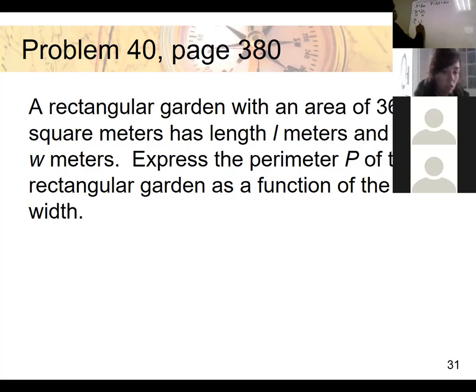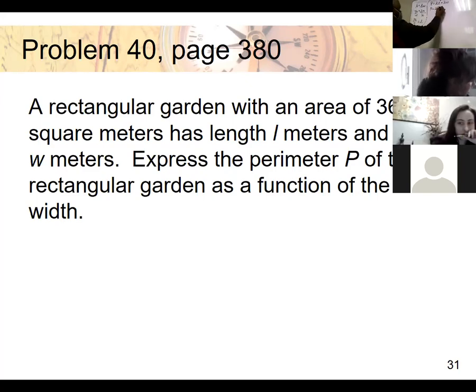And then this will be substituted for L. So this will be 2 times L, which is 36 over W, plus 2W. So P would be equal to, if I multiply 2 times 36 over W, well, this is like 2 over 1.